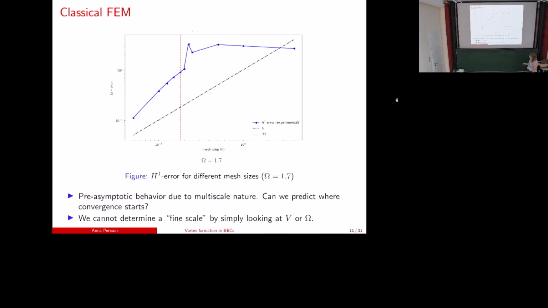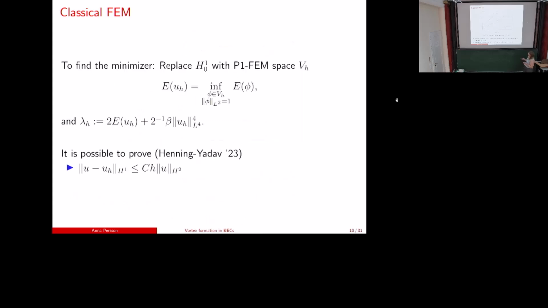So we get this sort of pre-asymptotic behavior due to the multiscale nature. And the question is, can we predict where this is? It's a non-trivial question, right? Because you cannot really determine a fine scale by simply looking at V or omega.